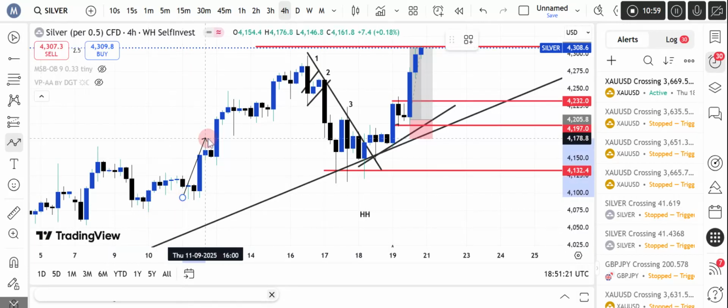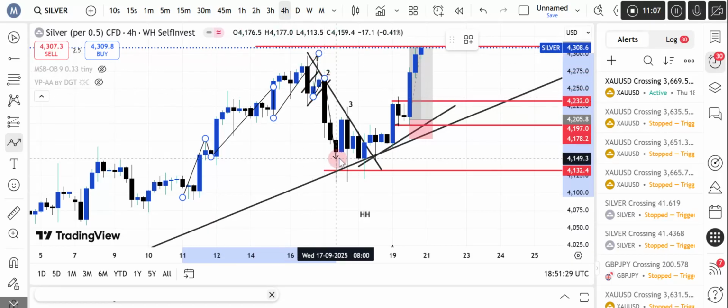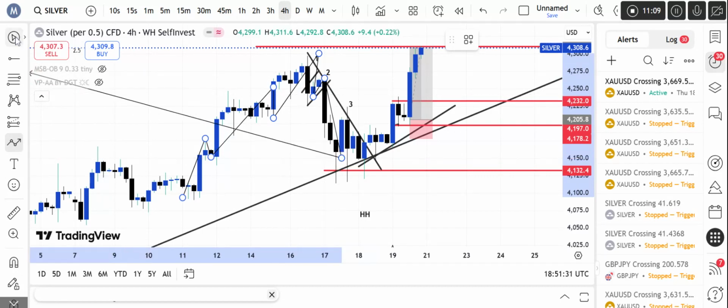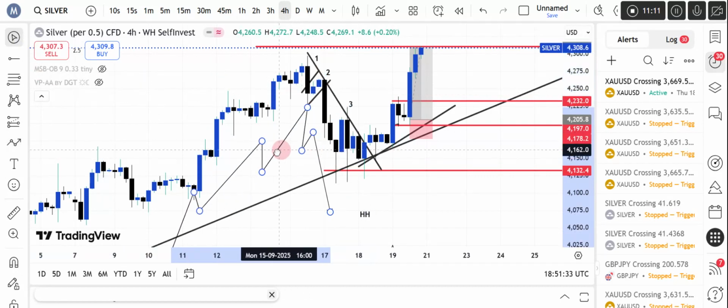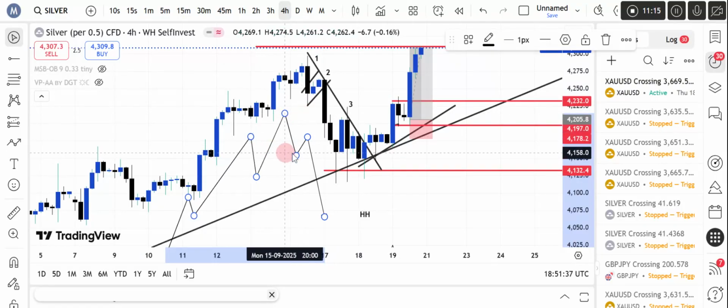Impulse move, correctional, impulse move, correctional, impulse move, correctional here, impulse move, correctional. So this is what Silver did last week. I'm gonna remove this thing.